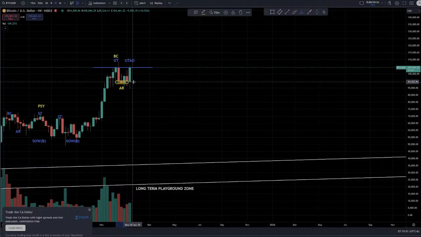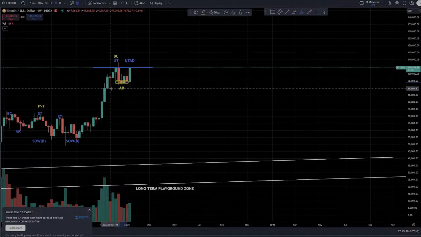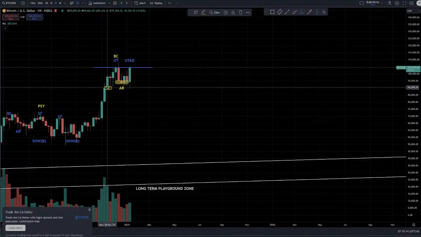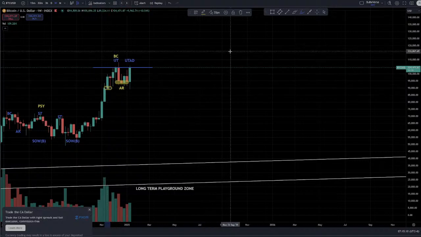That can be support for some people. Or if we look at the wicks, then it's further down. Or some people would look at the open of this green stick, that's around 90,000.